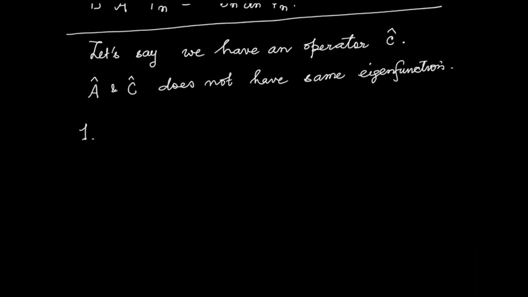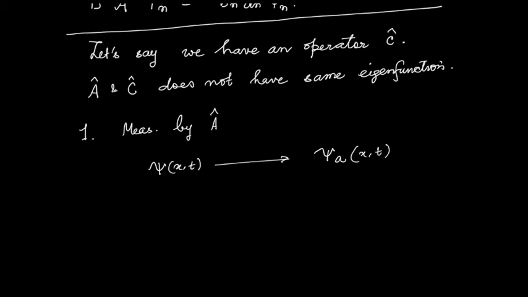So what will you do? We'll first do a measurement by A. So what will happen? Starting in some arbitrary state psi, it will collapse to one of the eigenstates of A. Let me write it properly. It's an eigenstate of A, an nth eigenstate of A. Say it's the first eigenstate of A into which it has collapsed, A1. So this is the collapse.